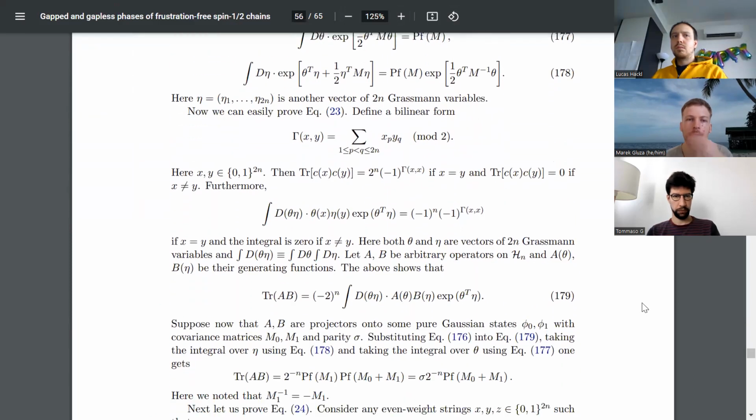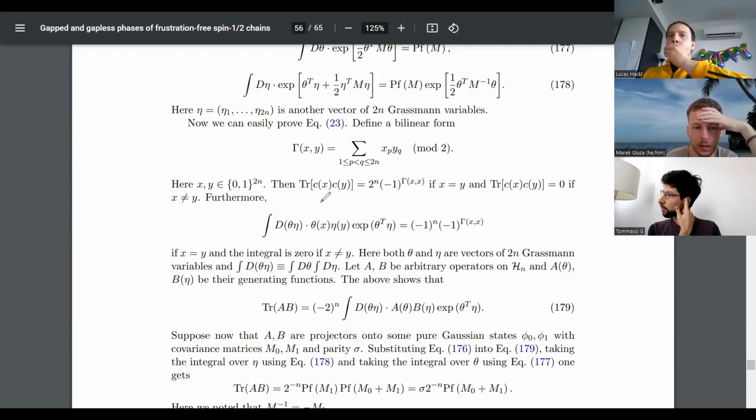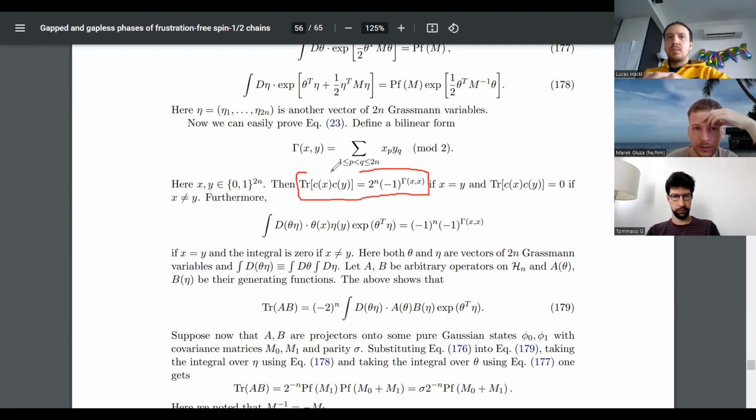Okay, so we continue further. This is just a recap, just to see that we saw some of those things already. So once we have this gamma, then we can, for example, compute those traces, and that's a trace that I was computing for a long time. Actually, reading this appendix has motivated me to study some other stuff.